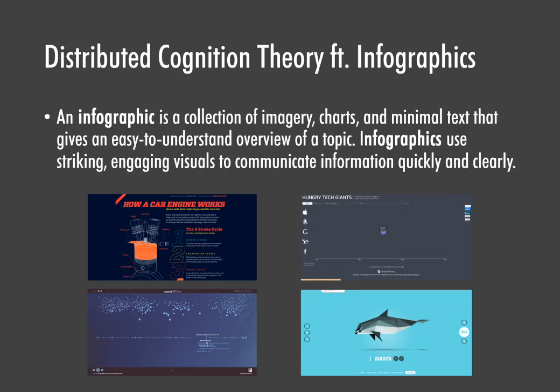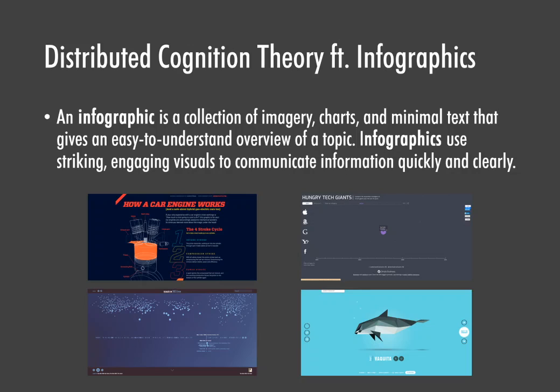Infographics use striking, engaging visuals to communicate information quickly and clearly. Well, to distribute cognition, as I said, we have to design a picture that is worth 1,000 words, and that is it. Infographics is a picture that conveys 1,000 words, not exactly 1,000 words, meaning a lot of meaning.